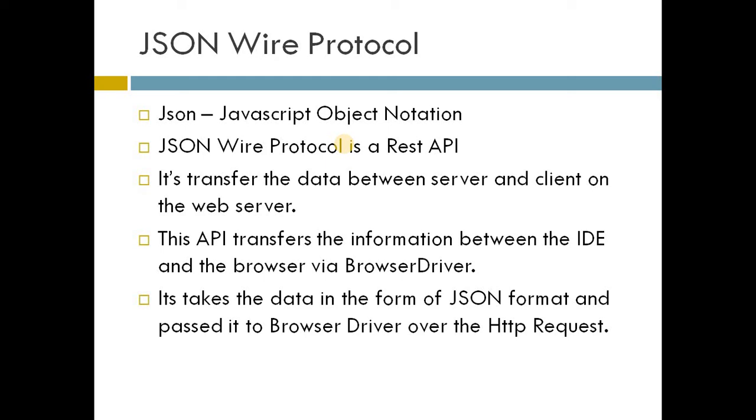You may have a question: why does it pass the data in the JSON format? So you can Google it. What is the difference between XML and JSON, and why is JSON so popular? As JSON has only a key-value structure, it's the fastest way to fetch the value of any key.